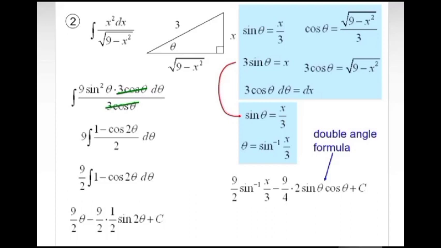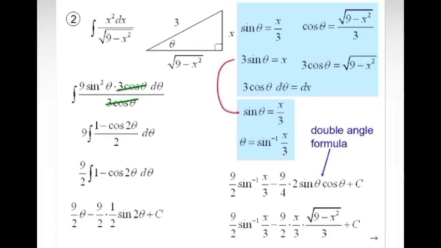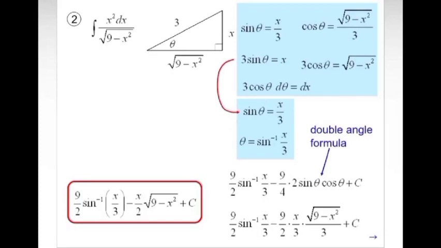As you can see, this is the double angle formula. 9 over 2 arc sine x over 3 minus 9 over 2 times x over 3. And then we get the final answer of 9 over 2 arc sine x over 3 minus x over 2 times the square root of 9 minus x squared plus c.